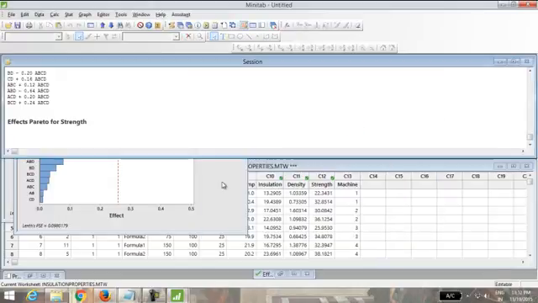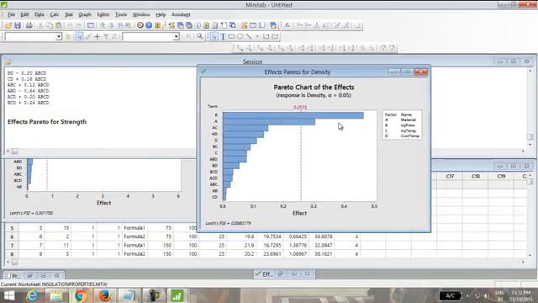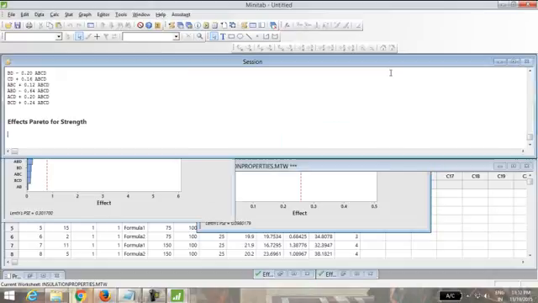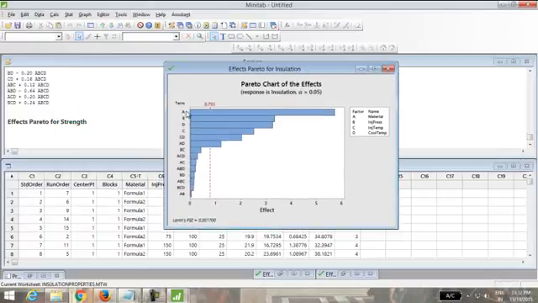That's the first one. Now we'll look at density. For density, factor B, which is the injection pressure, is the most significant. Now we'll see the third one. Again, the material is most significant for insulation.